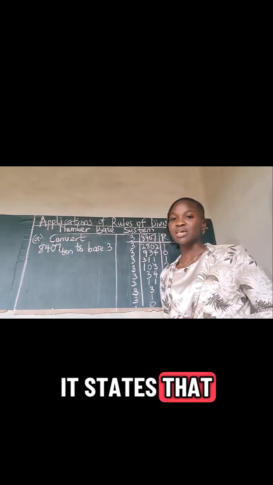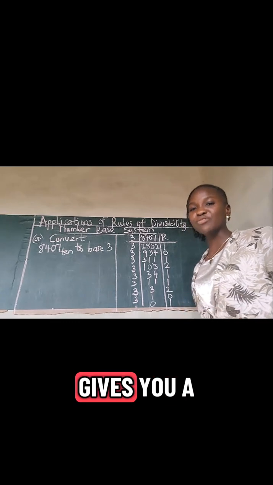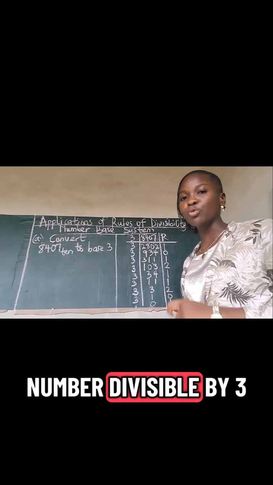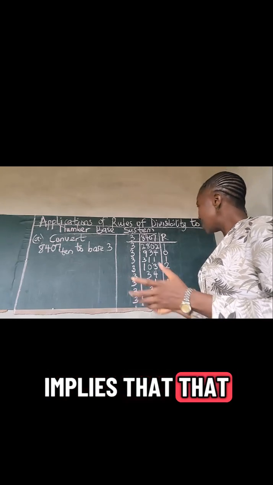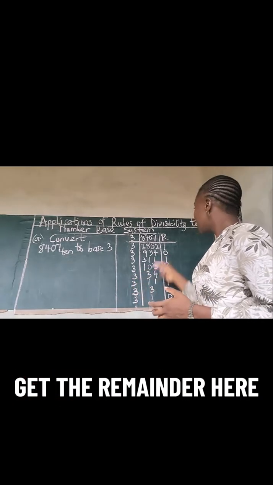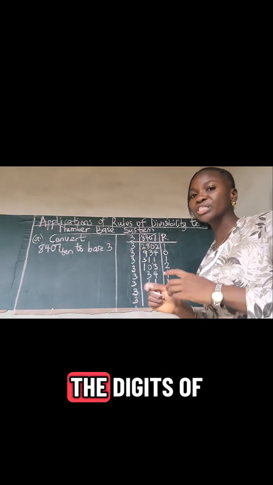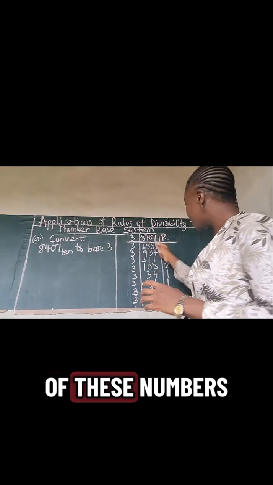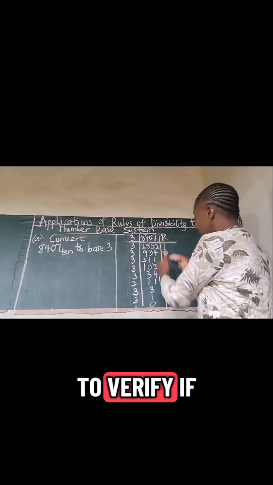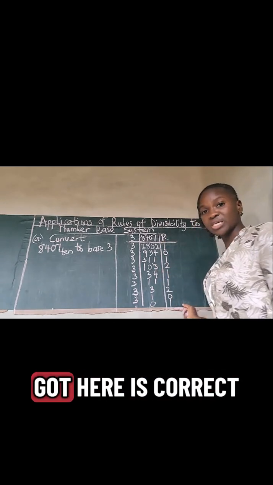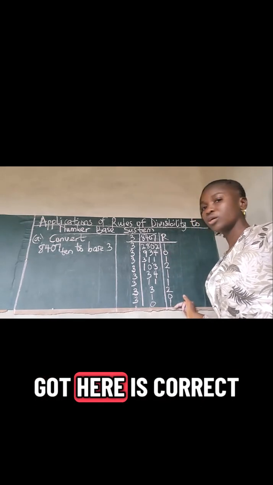It states that a number is divisible by 3 if the sum of its digits gives you a number divisible by 3. So that implies that to verify the remainders, we have to add each of the digits of these numbers to verify if the remainder we got here is correct.